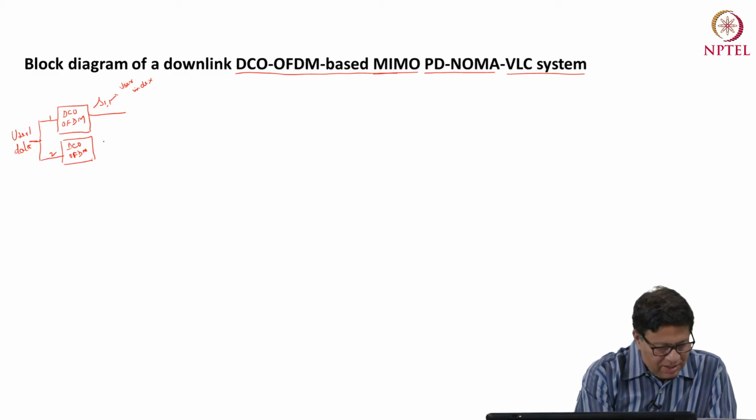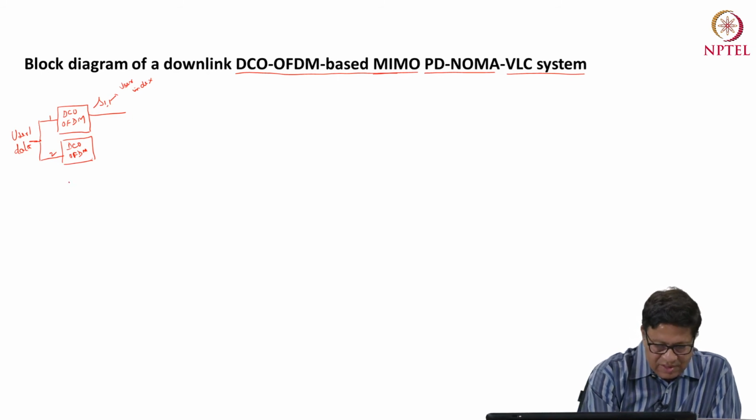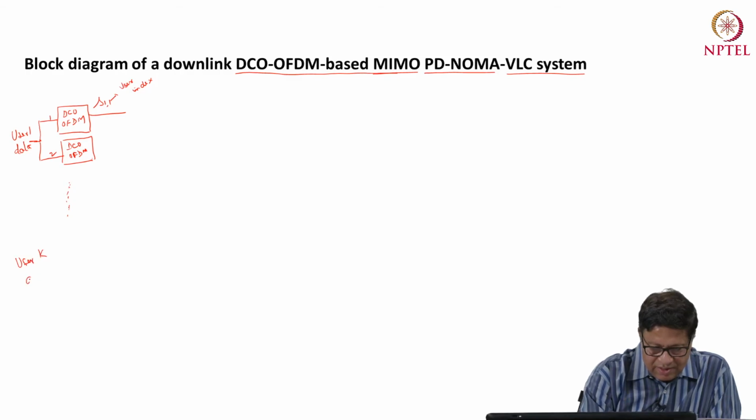And similarly, we can have user k here. So you can have k number of users. This is user k data, and similarly it is divided into 2 parts.